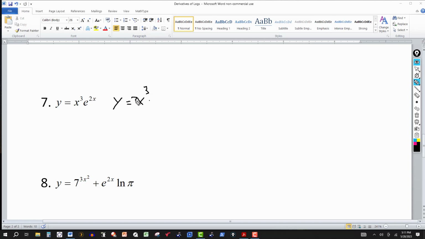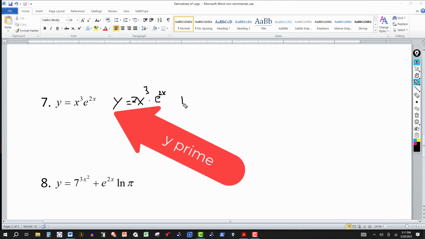I'll put that out in front. 2 e to the 2x. And then it's plus the second function, which is e to the 2x, times the derivative of the first. Derivative of x cubed is 3x squared. That's your answer for that one.